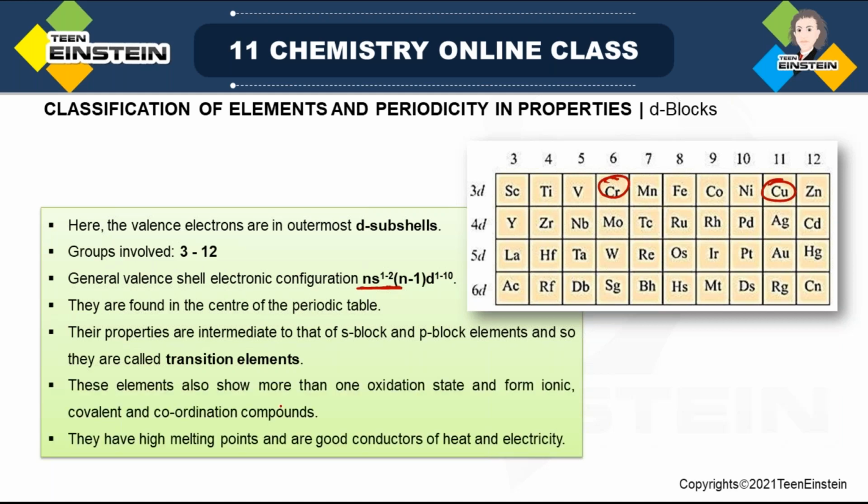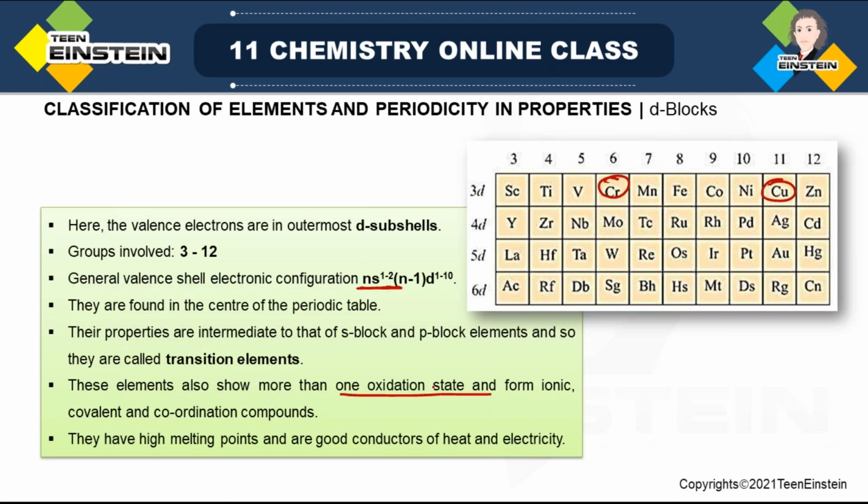These elements also show more than one oxidation state. That is why their chemistry is not so easily predictable, unlike s block. In s block, it is very easy to predict the chemical properties, because there is some specific oxidation state, +1 for group 1, +2 for group 2.